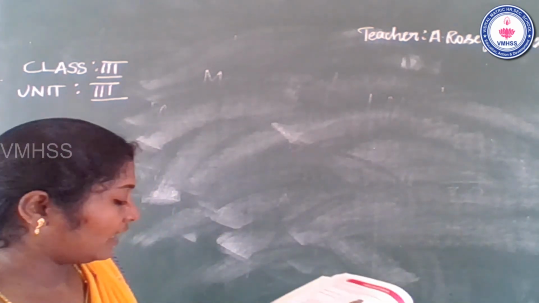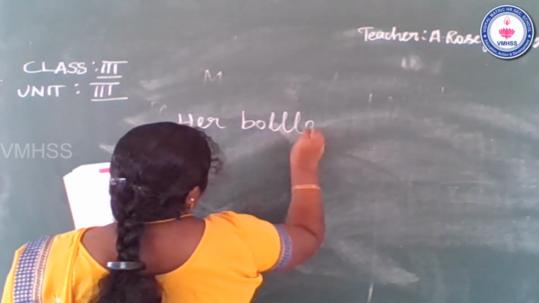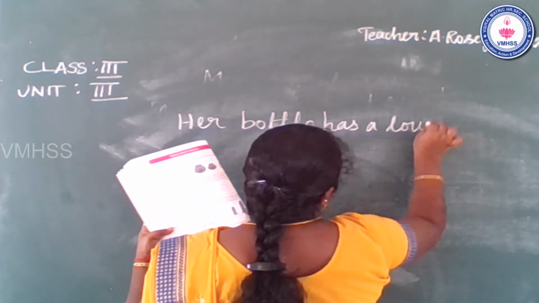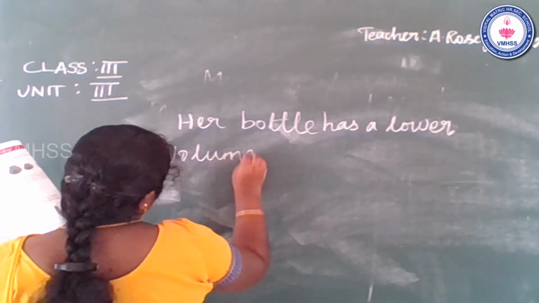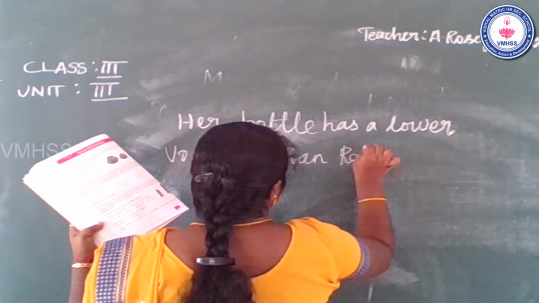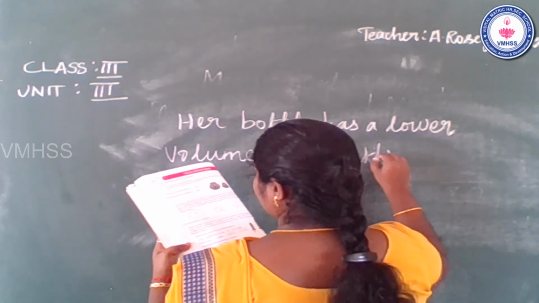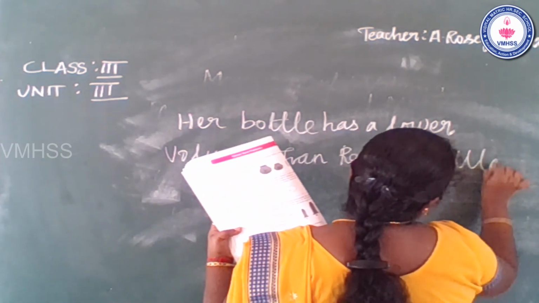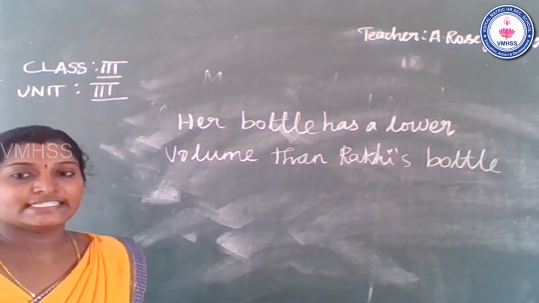See the board. The first answer is: her bottle has a lower value than Rocky's bottle. Students, please write fast.